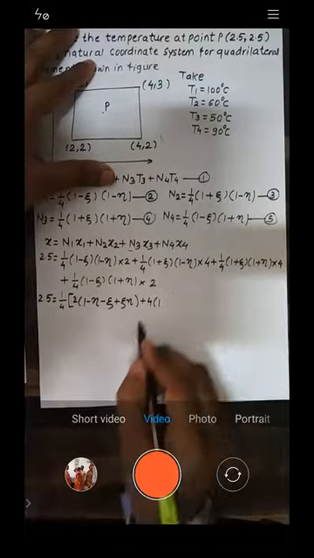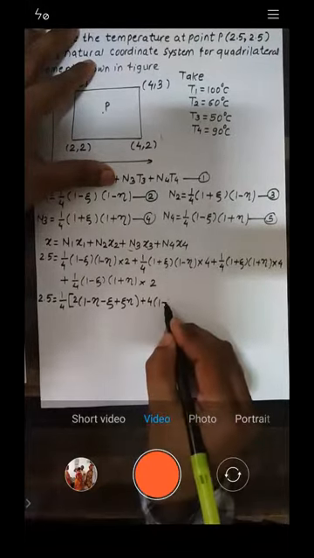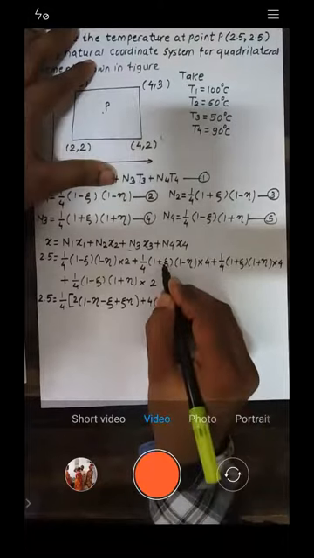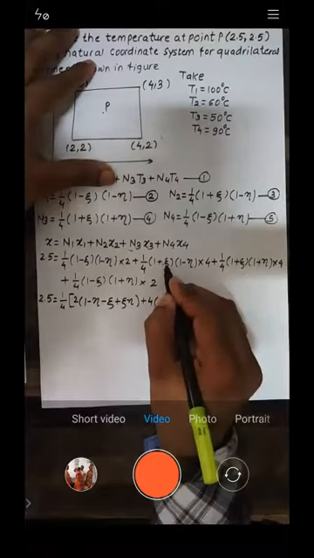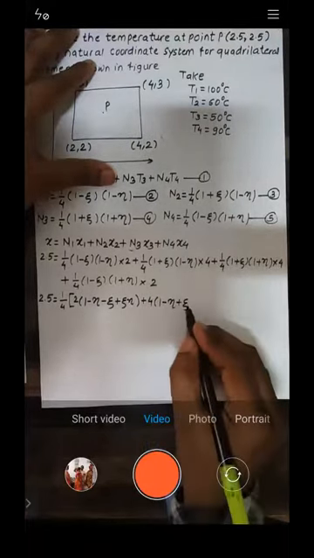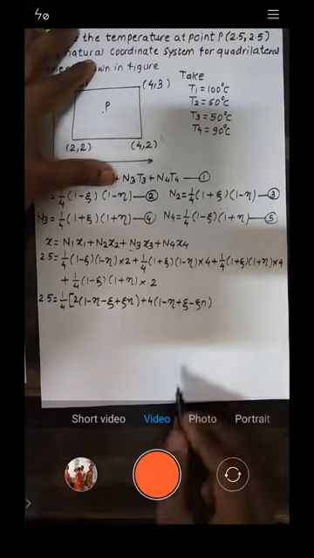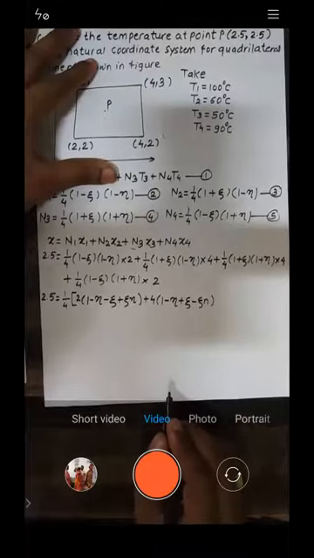Then 1 into minus neta is minus neta. Zeta into 1 is zeta. Zeta and minus neta is minus zeta neta. Is it okay? Yes or no? Is it clear, sir?